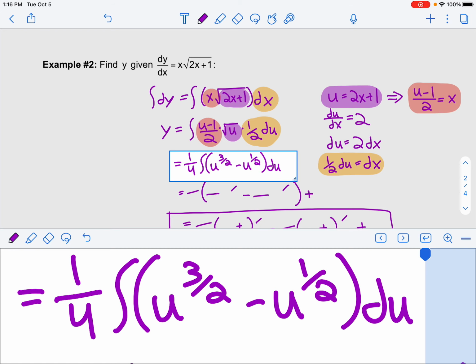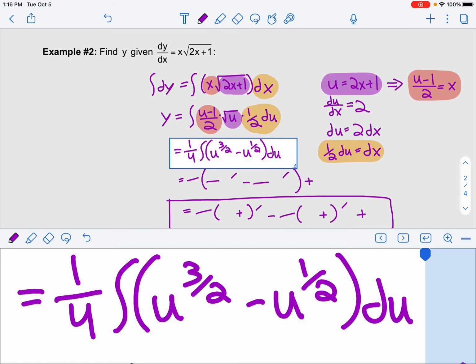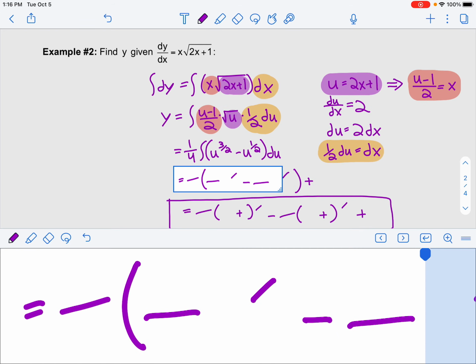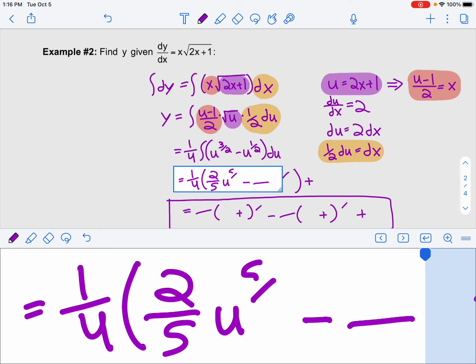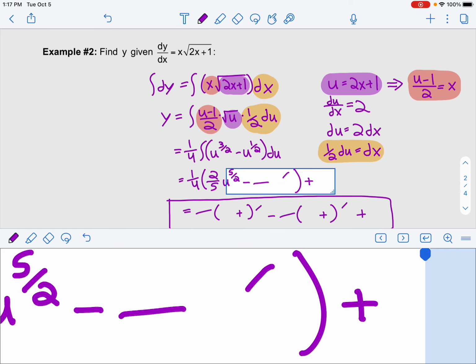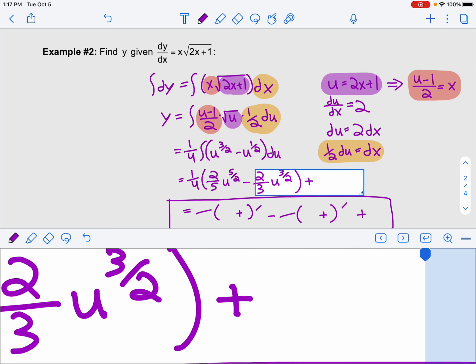Now this is all power rule. I'm going to leave the 1/4 out there for now. The antiderivative of u to the 3/2 is going to be 2/5 u to the 5/2, minus the antiderivative of u to the 1/2, which is 2/3 u to the 3/2, and then don't forget plus c.